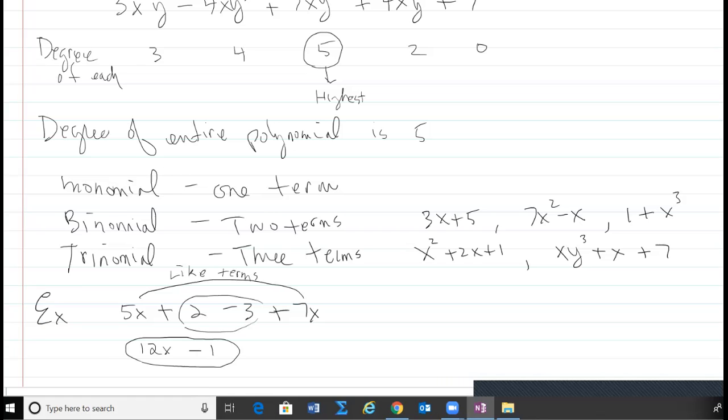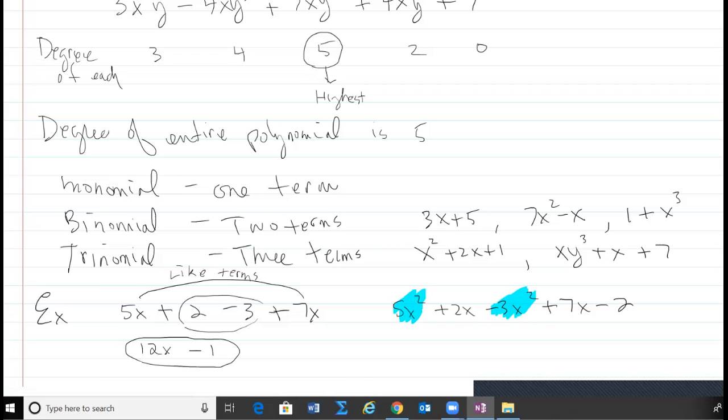Now, the same thing holds when we have terms with higher degrees. For example, if I have 5x squared plus 2x minus 3x squared plus 7x minus 2, for example. Well, I identify my like terms first. This term matches this term.